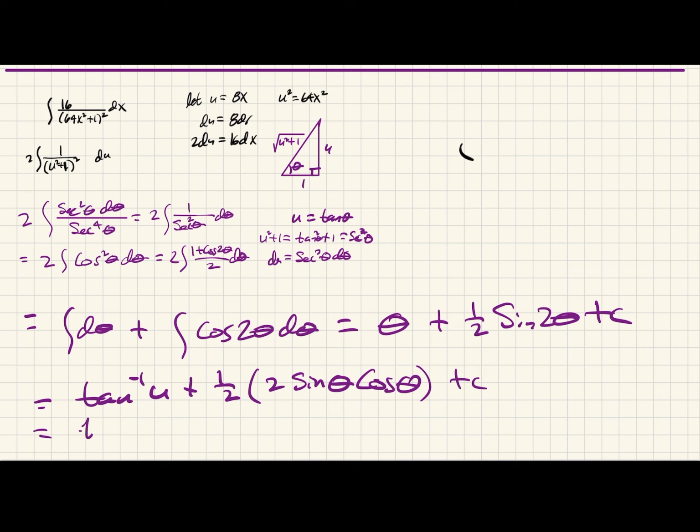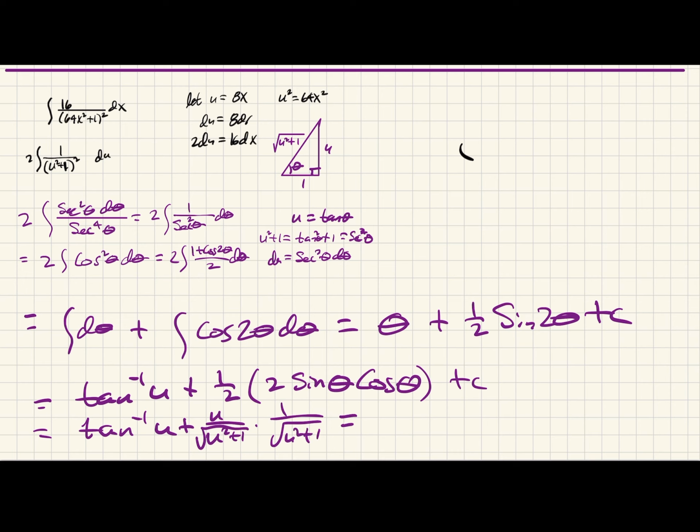Okay, so that's inverse tangent u plus the halves, that 1/2 and the 2 are going to cancel. I'm going to go ahead and do my sine theta and my cosine theta. So sine theta is u over square root u squared plus 1, right? And cosine theta is 1 over square root u squared plus 1.